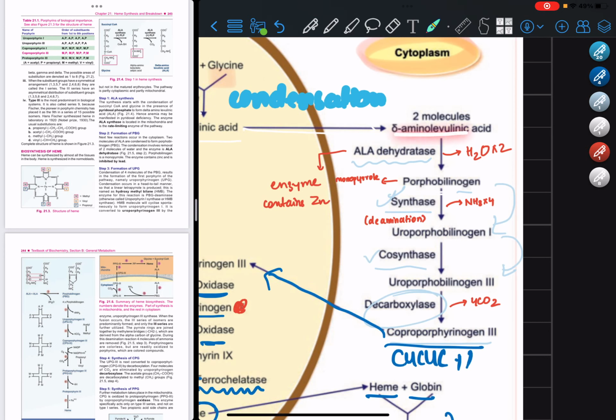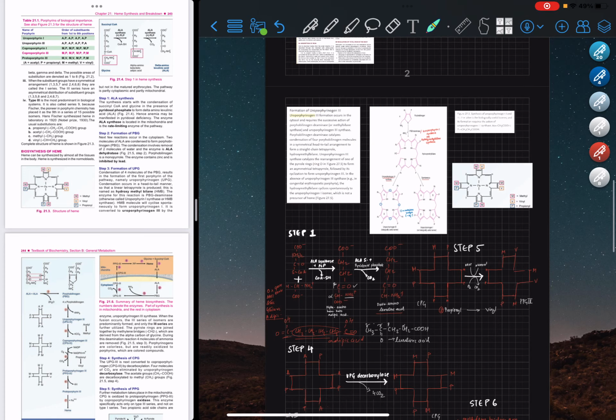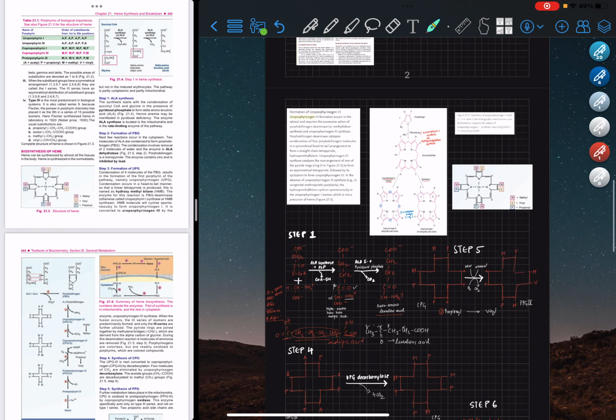Here two molecules of delta-ALA, or aminolevulinic acid, combine together to give porphobilinogen in the presence of the enzyme ALA dehydratase, which means dehydration is taking place. Two water molecules are taken out. I'll show it to you here.